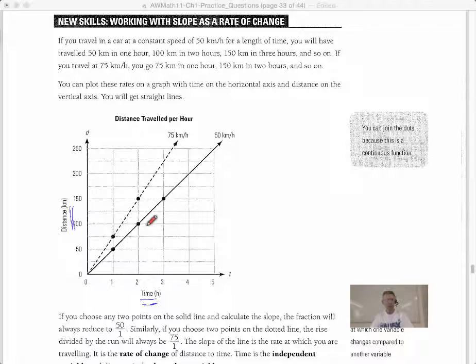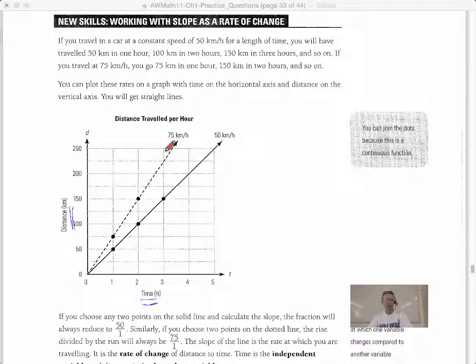You can plot this on a graph. In other words, in 1 hour you've driven 50 kilometers, in 2 hours you've driven 100 kilometers, 3 hours you've driven 150, and so on. Notice that this means that the rate of change is 50 kilometers every hour.